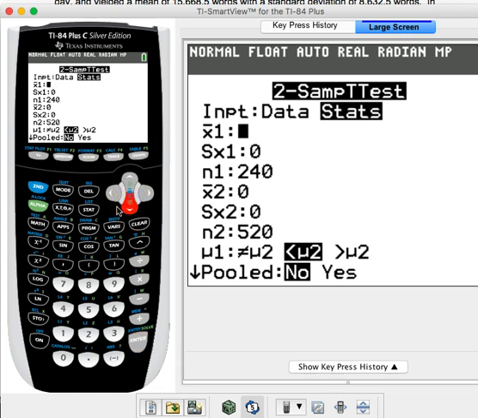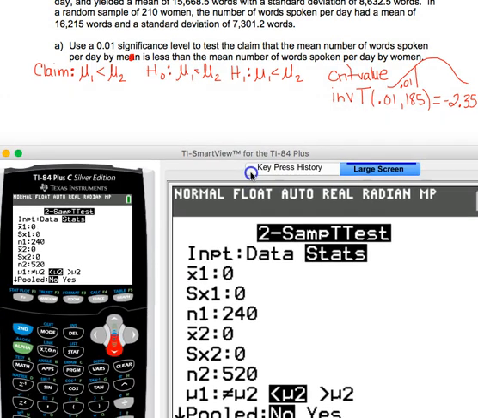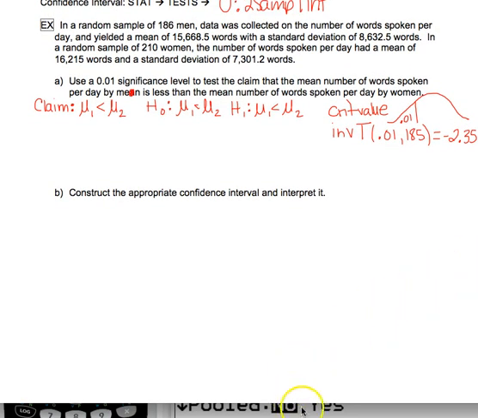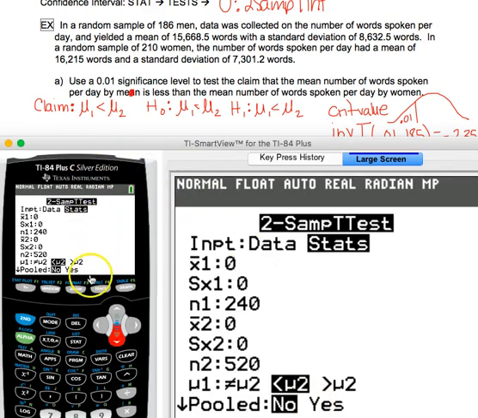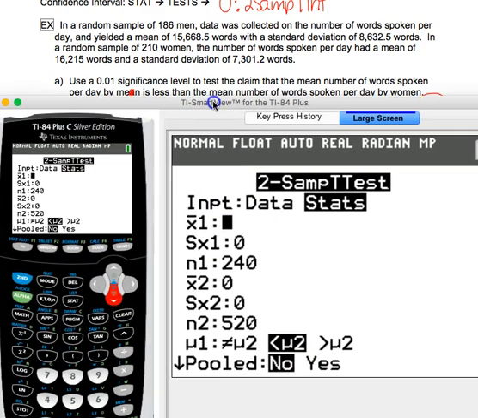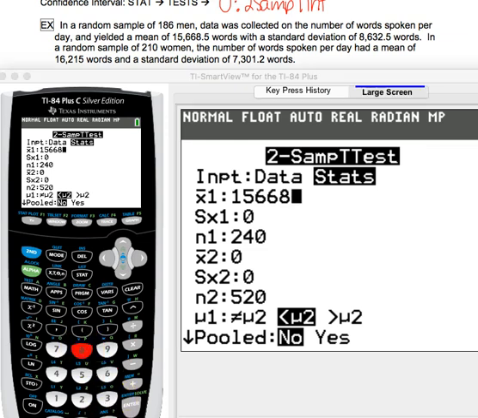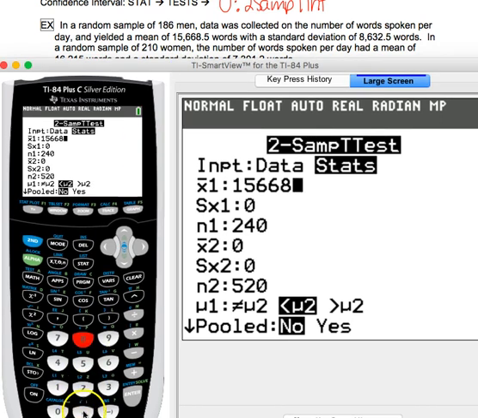So putting in our value, the mean one was, let's see, 15,668.5. So enter that, 15,668 point 0.5.